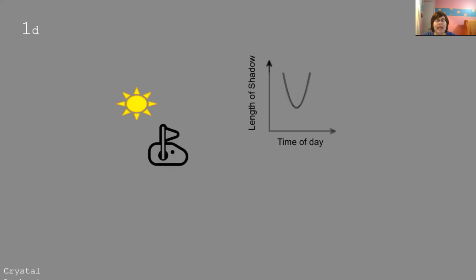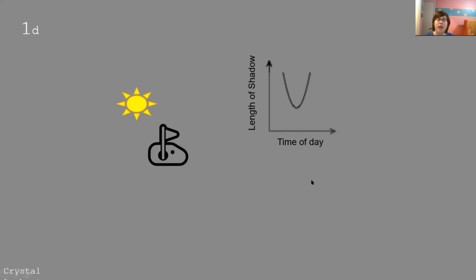Now, we're looking at this graph. They were wanting us to show the length of a shadow at different times during the day on a flagpole. For us, it's easier to relate to if I stood outside all day long and watched my shadow. What would happen to my own shadow?